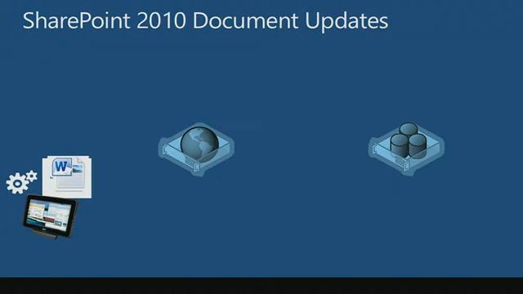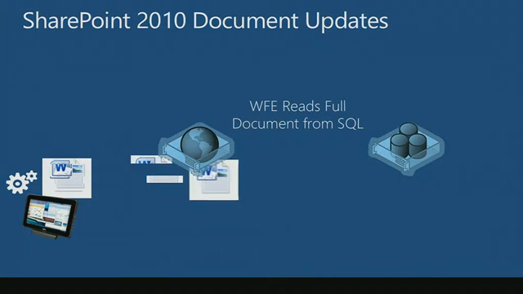This is pretty common stuff. What happens then is that when they do the update, from the client to the SharePoint server farm under 2010, it just sends the updates, okay? So that's one of the improvements under 2010. Just the data updates and changes get sent back up to the server farm. What then happens is that the whole document is read back down from the database to the application server.